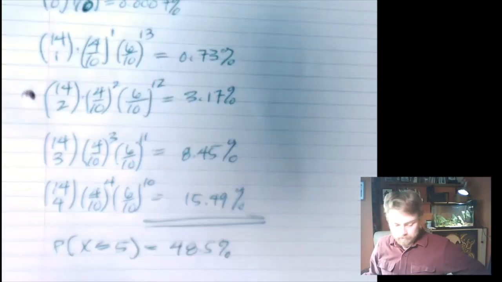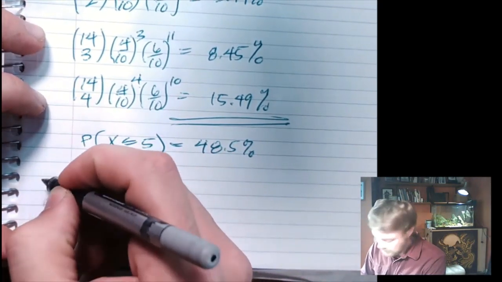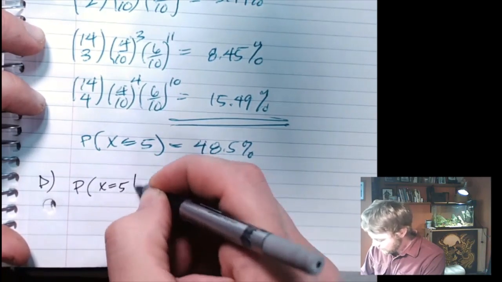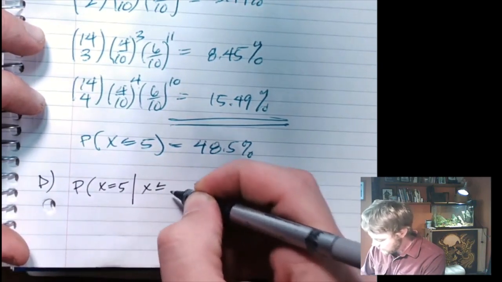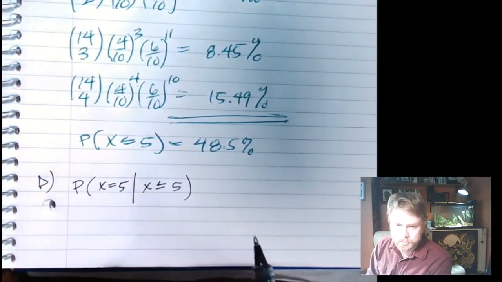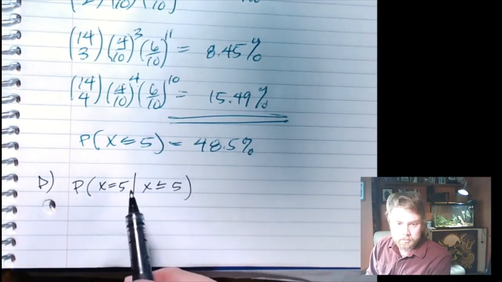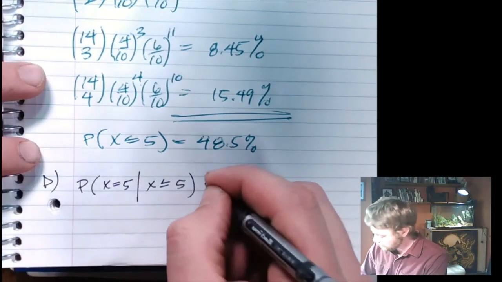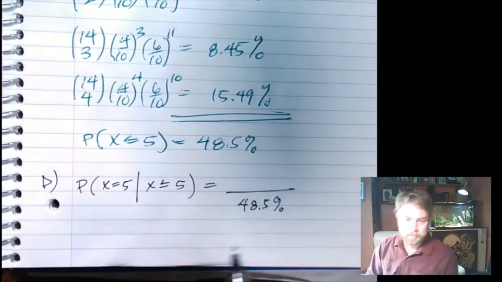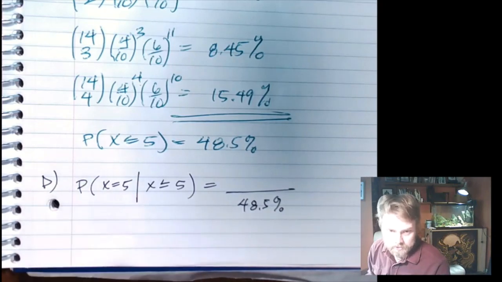Okay, last question. So 48.5. Now you have probability, so this is D, probability that x is 5 given that x is less than or equal to 5. Alright, so it's like you know you drew fewer than 5 gold. Probability that out of that total, which is 48.5%. So you're not picking from all of the possibilities, you're only picking from the possibilities that are 5 or less.